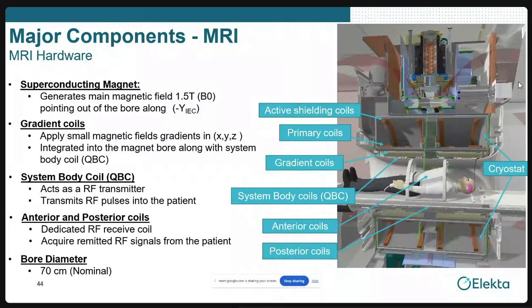Depending on the amount of hydrogen atoms in that area of the patient body, it gets perturbed. Then the relaxation also depends on the material characteristic: they relax either in the transverse direction, the T2, or in the longitudinal direction, the T1. So we can capture the values and then reconstruct the MRI images. So that's how we do that.